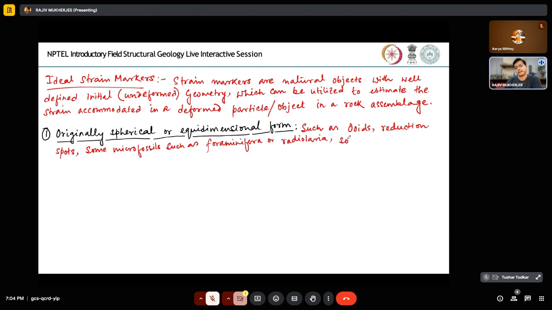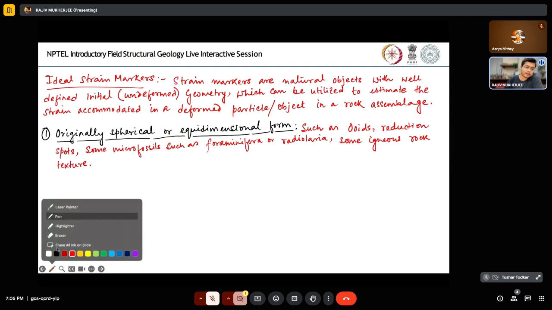Some igneous rock textures. So these all are examples of originally spherical or equidimensional form.